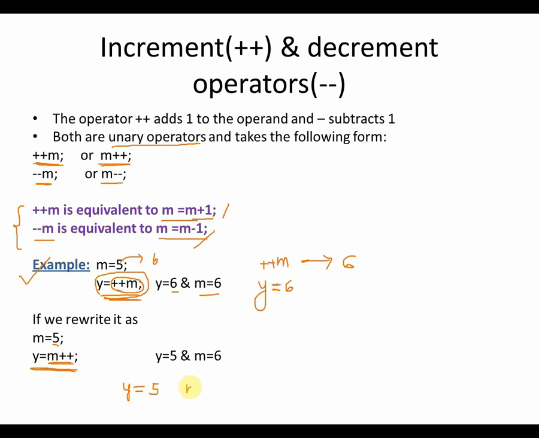So then m will be incremented to one value higher, which will be 6. So this is what happens if the operators are of the type m plus plus. So there is a difference between m plus plus and plus plus m. Similarly there is a difference between minus minus m and m minus minus. Okay.